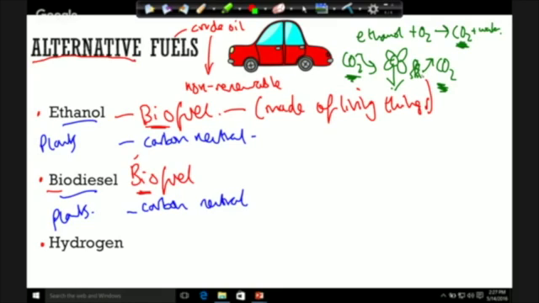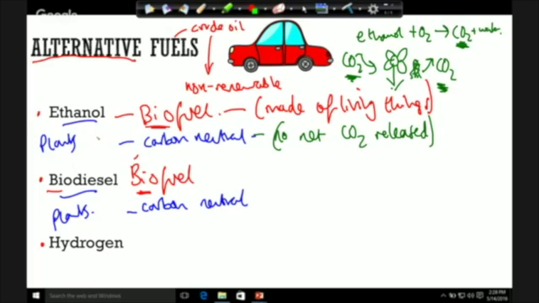So when we burn it, we are releasing that CO2 again. It's not CO2 that's locked up in fossil fuels. Okay, so this idea we call carbon neutral, which means there's no net or no overall increase in the carbon dioxide released. So no net CO2 released.